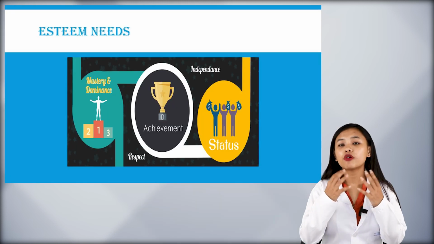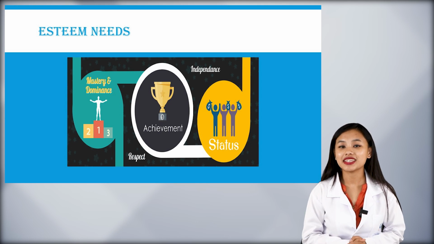This is when that person will start moving to the fourth stage, that is the esteem needs. There are two types of esteem needs. The first is the internal esteem needs, and the second is the external esteem needs. The internal esteem needs are things which we do in order to boost our own confidence.